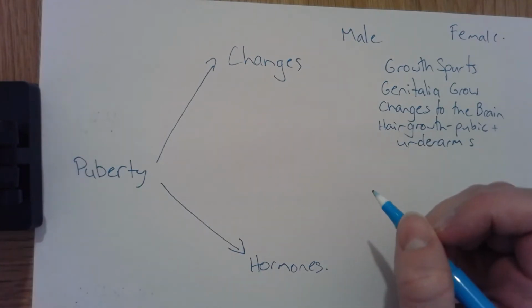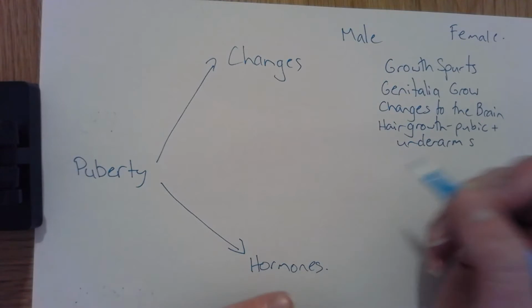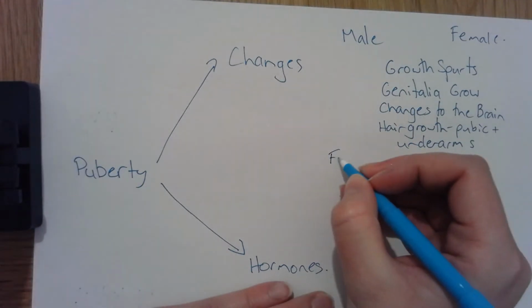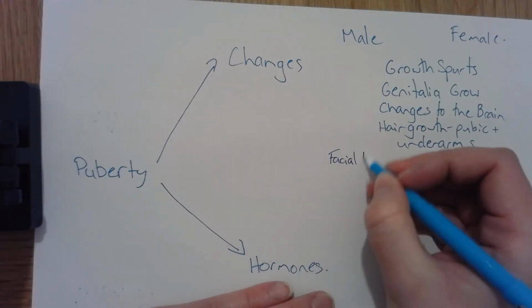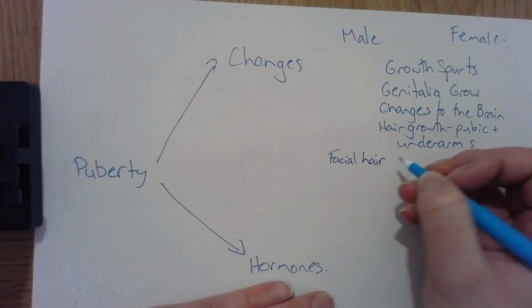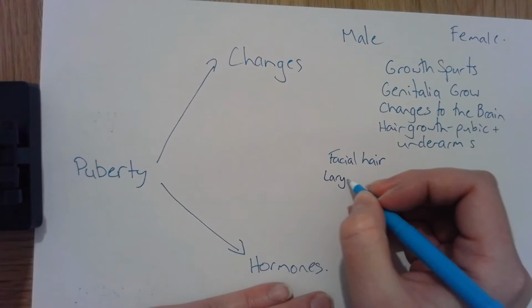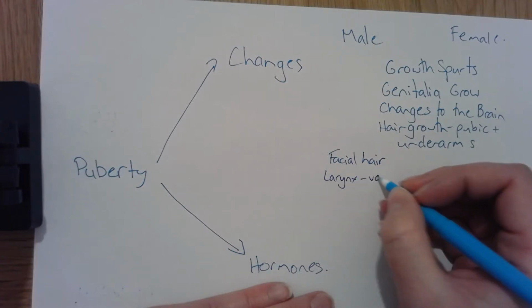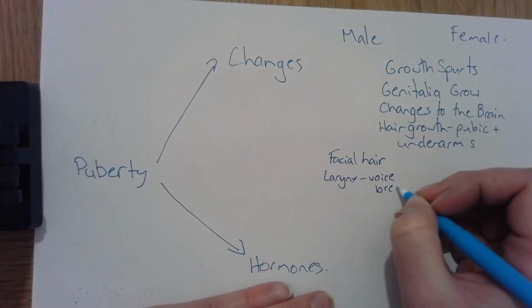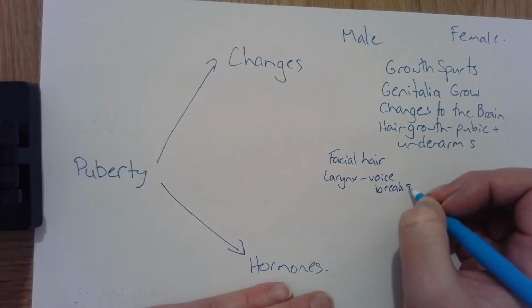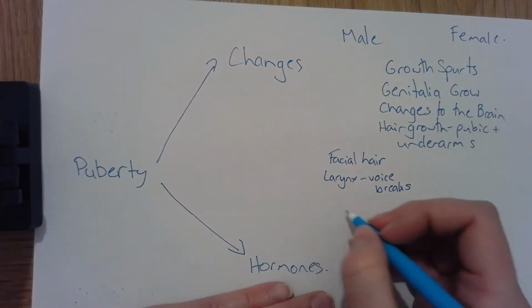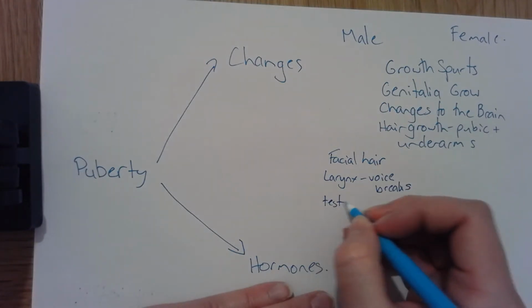So specific to males, you get facial hair starting to grow. You get changes to the larynx, which is your voice box, and you get your voice breaking. The testes grow and start making sperm.